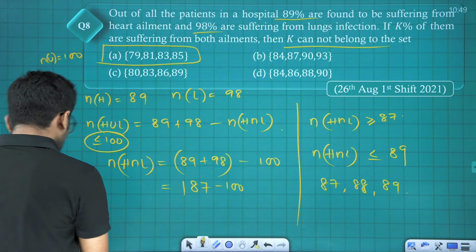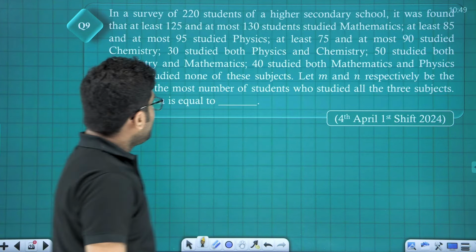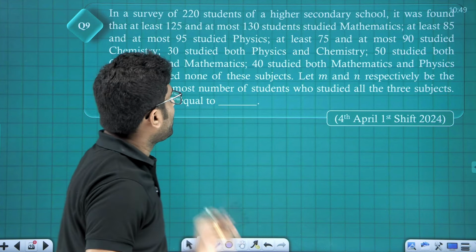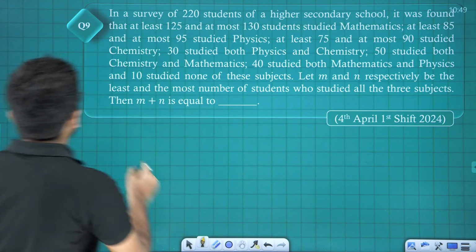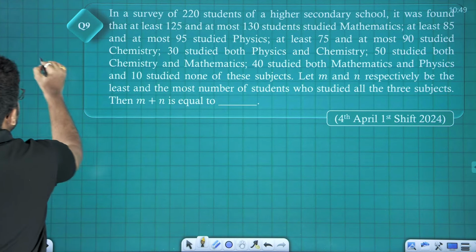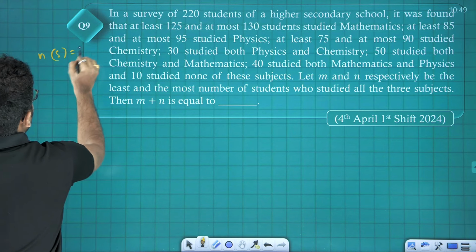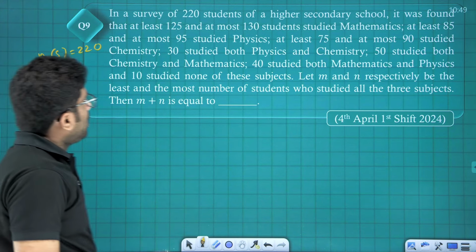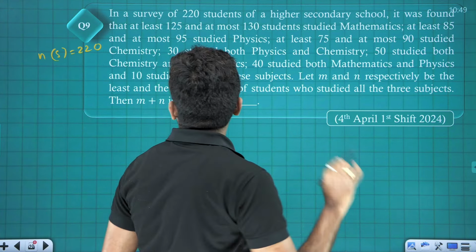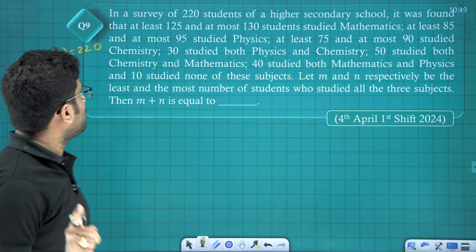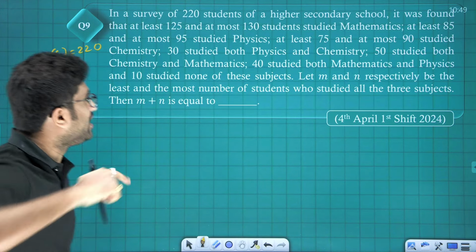Okay. Next question. In a survey of 220 students of a higher secondary school, this is the total. N of S, the sample space, is equal to 220. It was found that at least 125 students and at most 130 students studied maths.